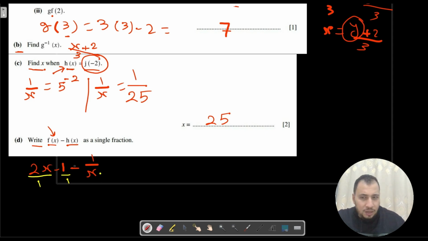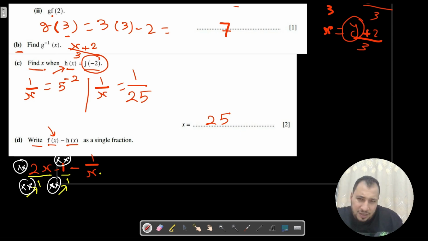I can simply change this one and that one into x by multiplying by x on both sides. Here I multiply both terms by x, and remember, when you multiply by x down, you also have to multiply by x up. And here we are going to do the same. Here this is multiplied by x, and here also multiplied by x.